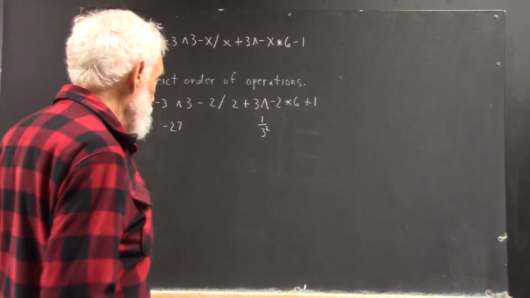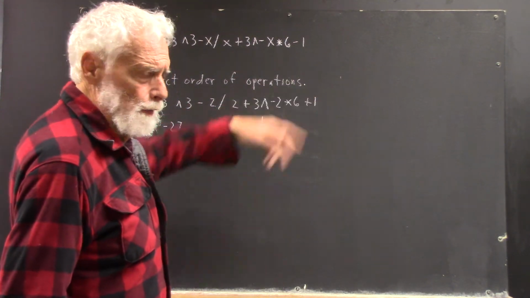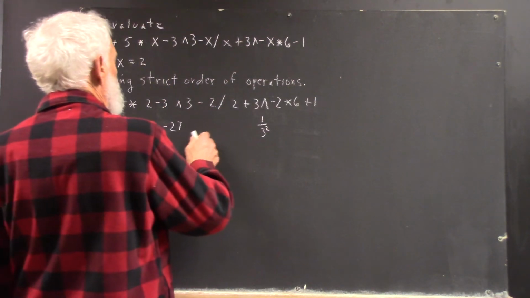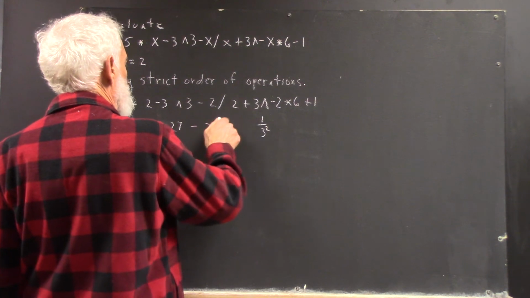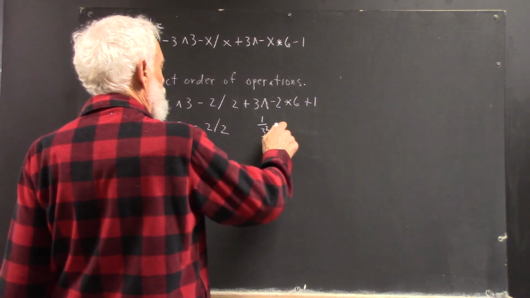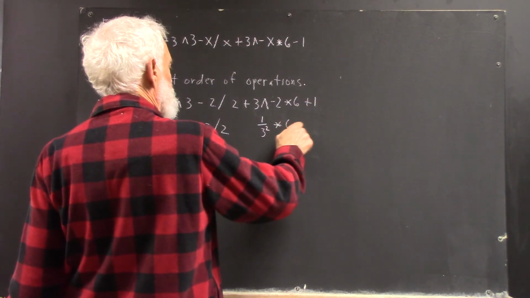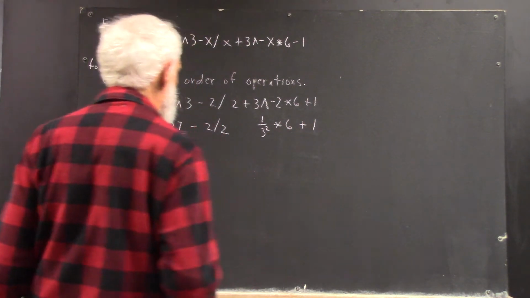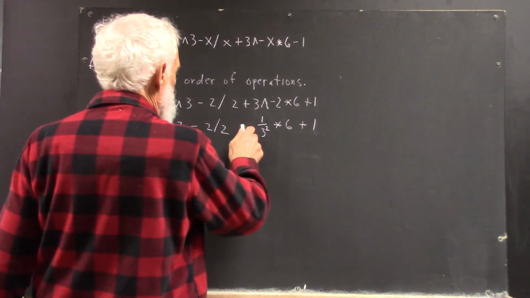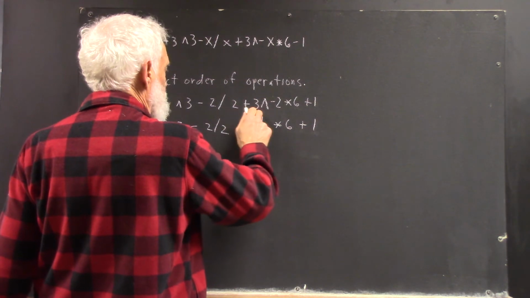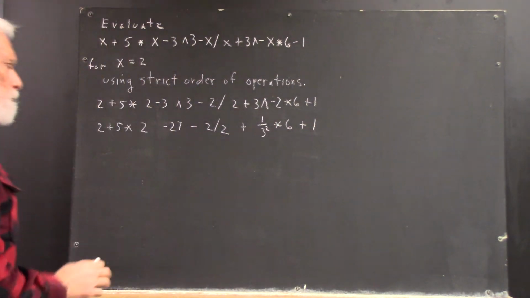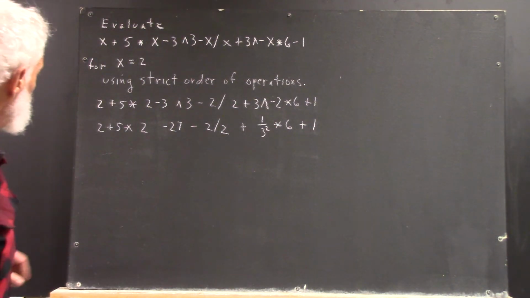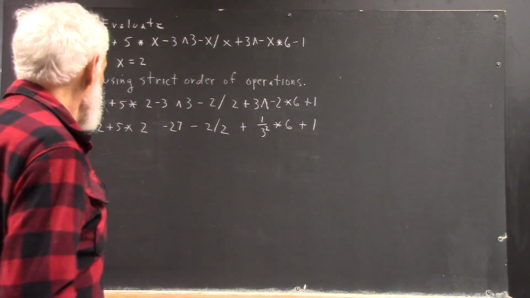I just want to emphasize that that's what negative exponent means. Then we have minus 2 over 2, and then times 6 plus 1. And we have a plus here. It's a plus 3 raised to the negative 2. Okay, well that's so far okay.